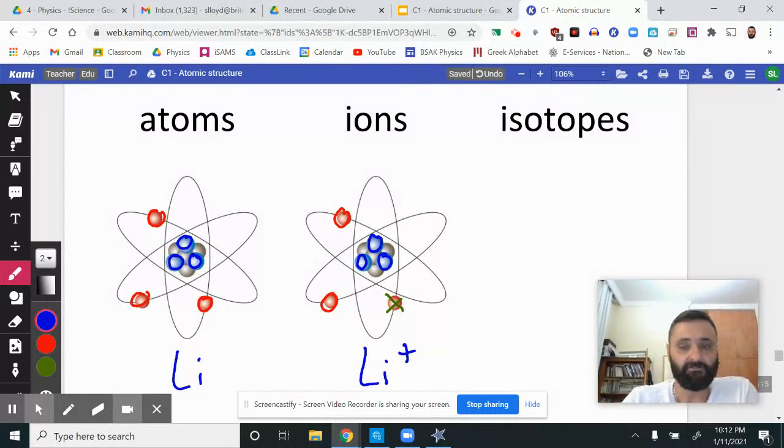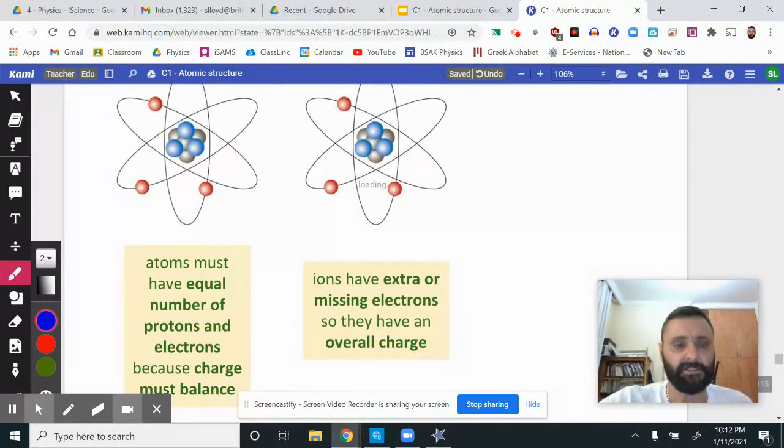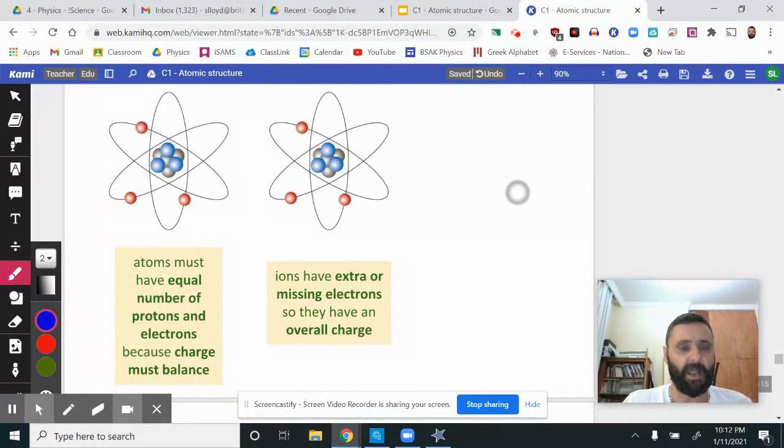But what are isotopes about? Atoms have equal numbers of protons and electrons, because the overall charge must be 0. Ions either have extra or missing electrons. Metals are very good at losing electrons, so they become positively charged.